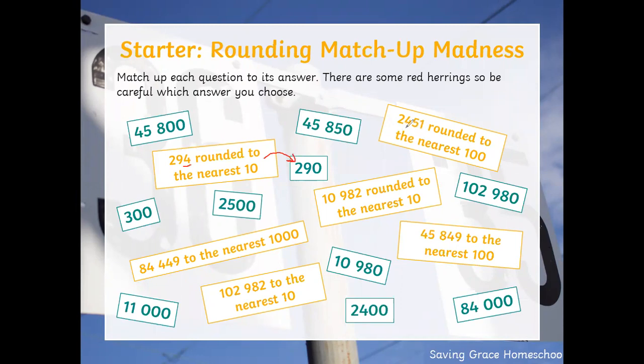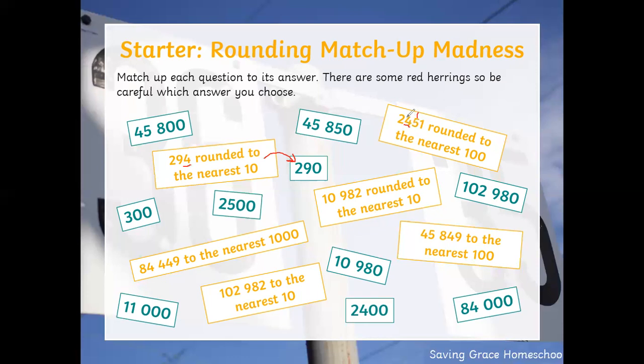We have 2,451. They want us to round it to the nearest 100. The nearest 100 is this 4, so we look at the value of 5. Because it's 5, it will go higher. The 4 will change to a higher value.